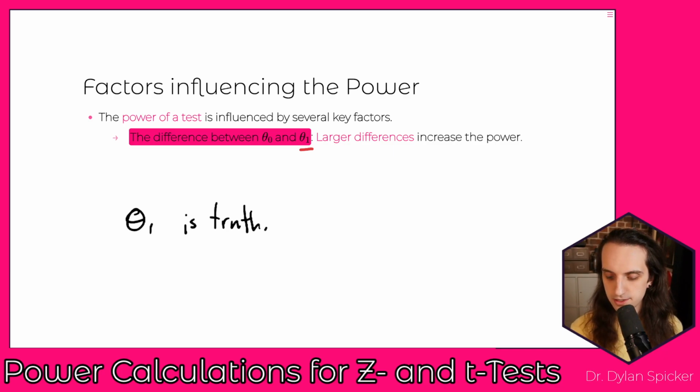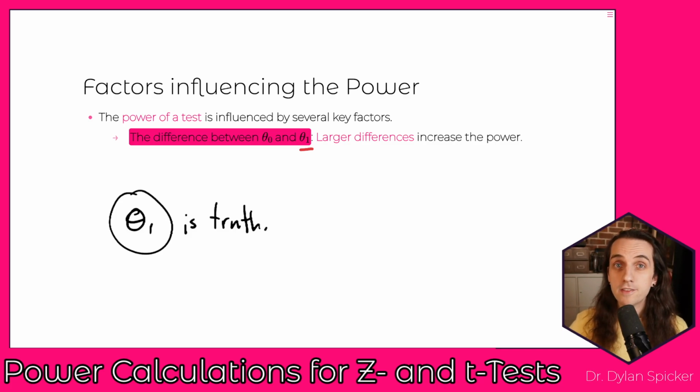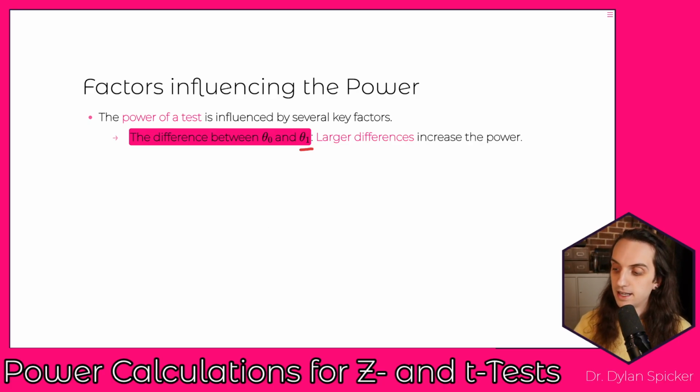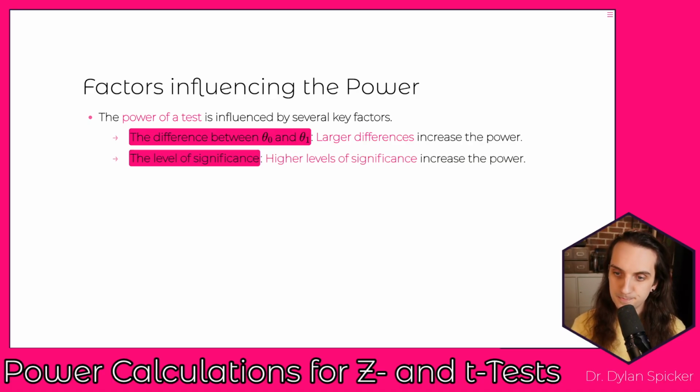And so it doesn't work to just take theta 1 to be further from theta 0, because that's only going to be believable if you actually think that theta 1 is the value that you actually care about. Okay? And so if the true value turns out to be very far from the null value, you're going to end up with higher power just because it turns out that the truth is far from what the null is, right? But we don't sort of control that.